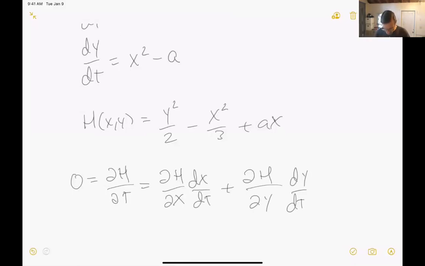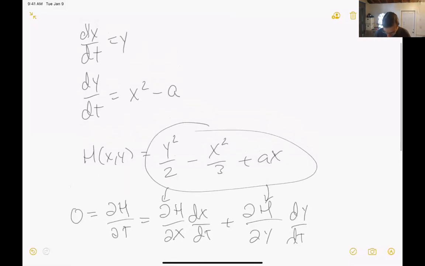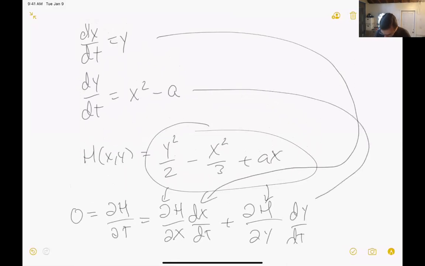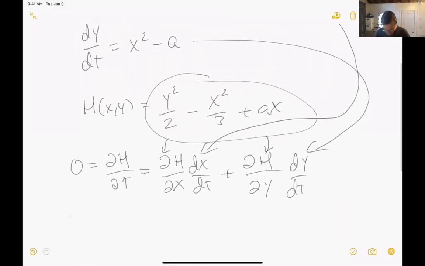Okay? And now we're going to use the function they give us to compute these two partials, and then we're going to use the original system and plug them in here, and then check, does that equal 0? That's how you check if it's Hamiltonian. So let's just go through it.